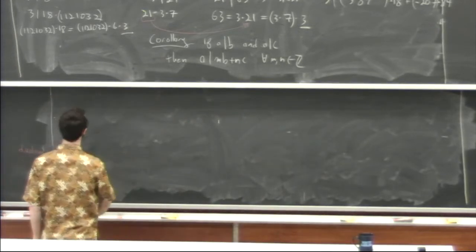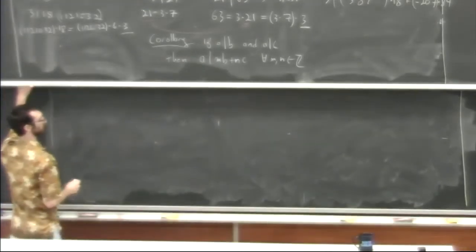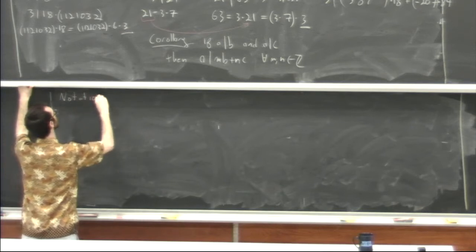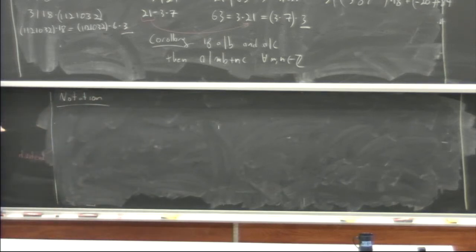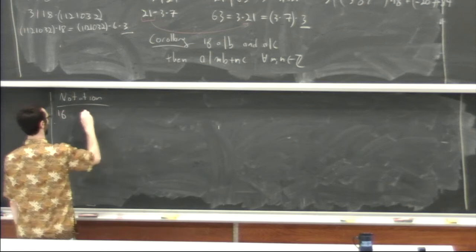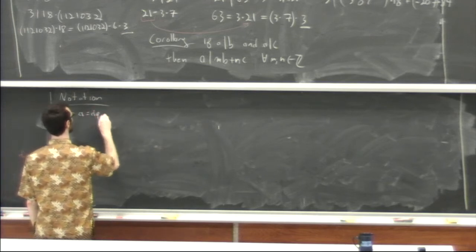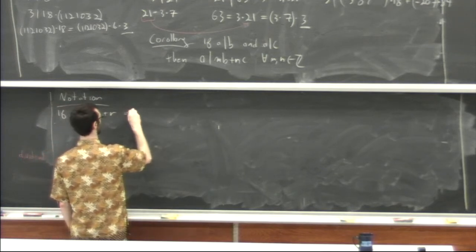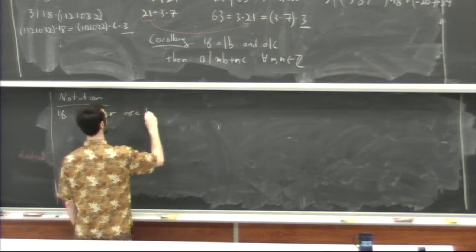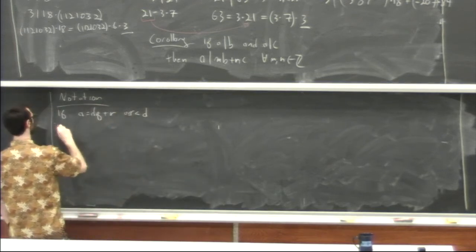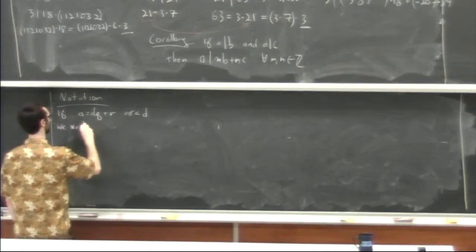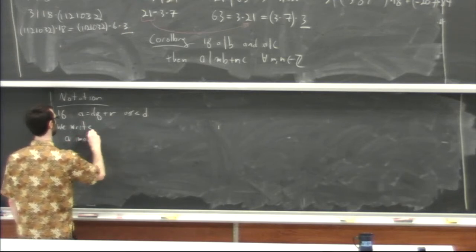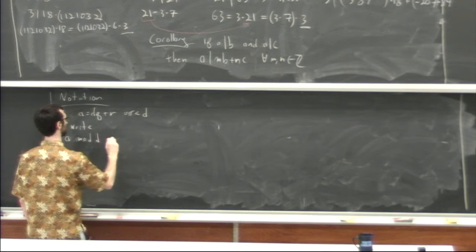So the first thing that we want to do is add some notation, which is as follows. If a is equal to dq plus r, with r greater than or equal to 0 and less than d, then we write a is a mod d is equal to r.